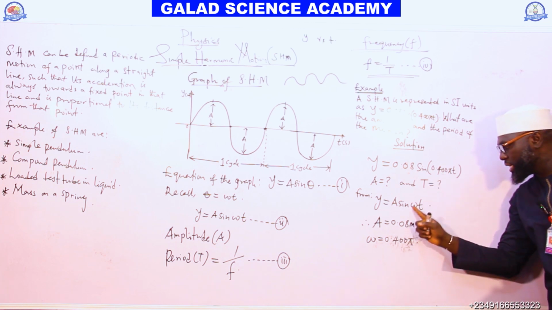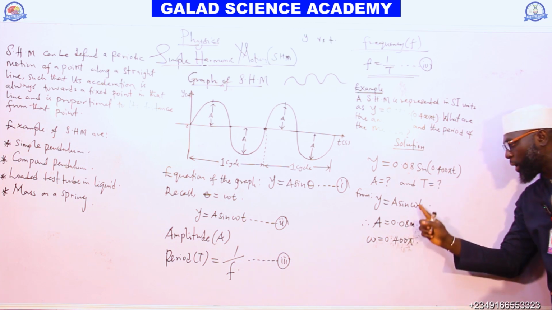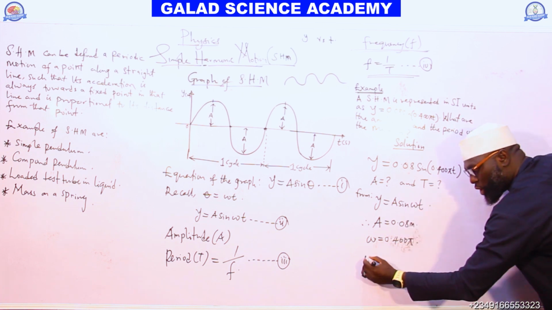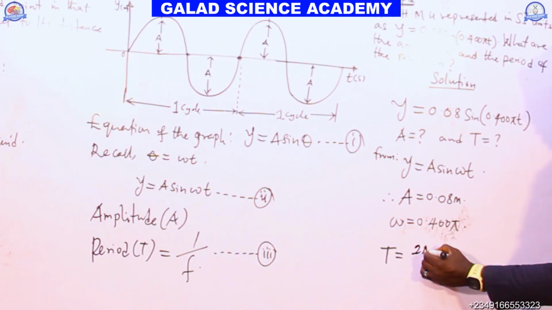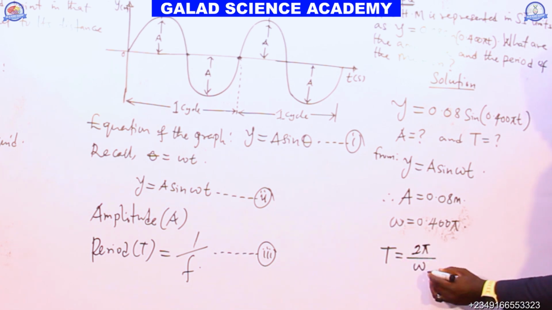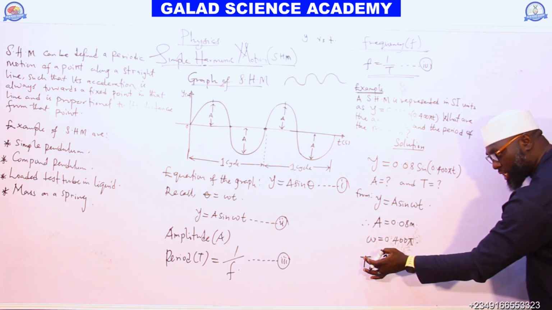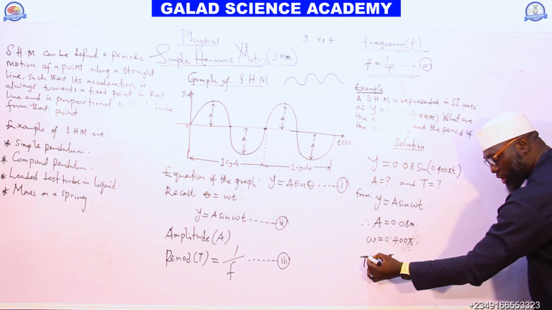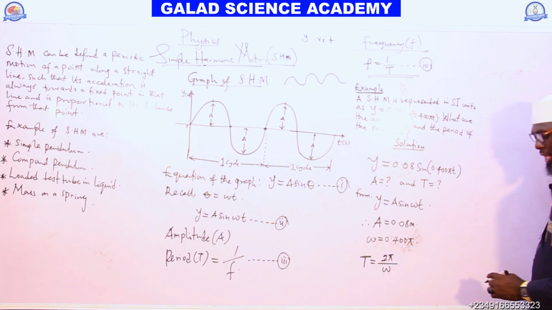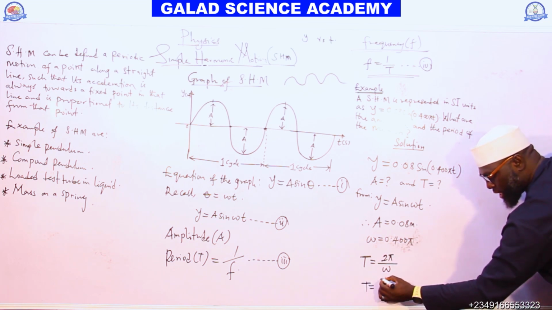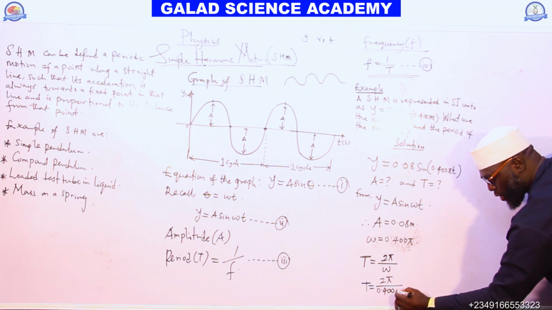By comparing the two equations together, we are looking for the period. If you still remember, under circular motion, we know that period T equal to 2 pi over omega. The period of circular motion is equal to 2 pi over omega. And what is the omega given here? We have T equal to 2 pi over 0.400 pi.